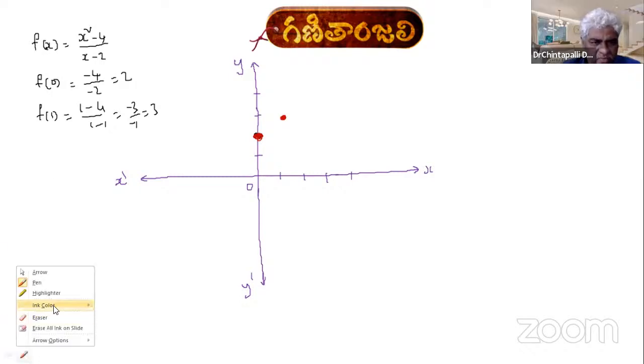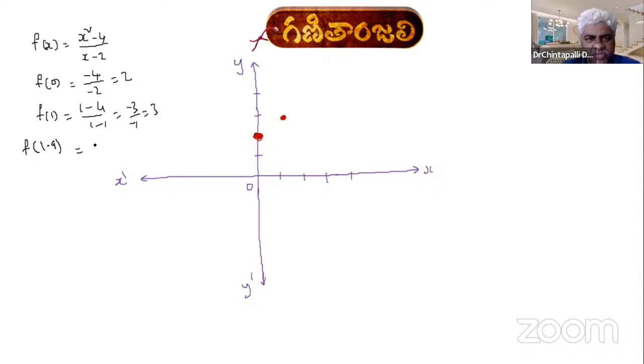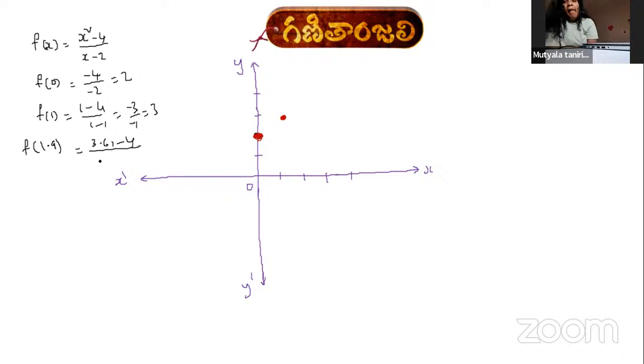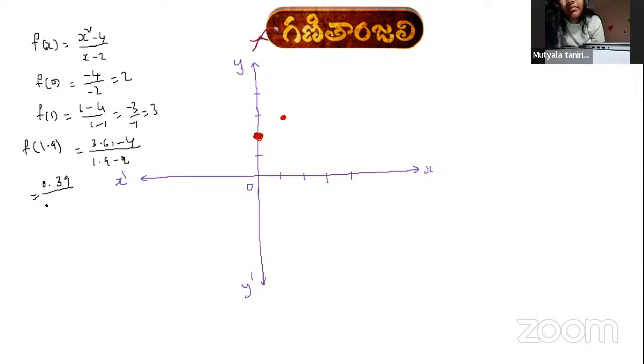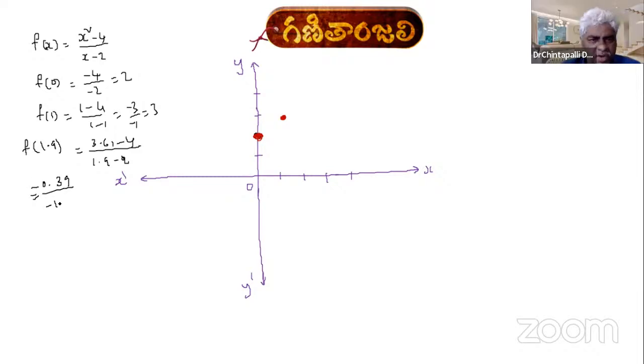What is f of 1.9? 1.9 whole square is 3.61, minus 4, by 1.9 minus 2. That is -0.39 by -0.1. That means 3.9.